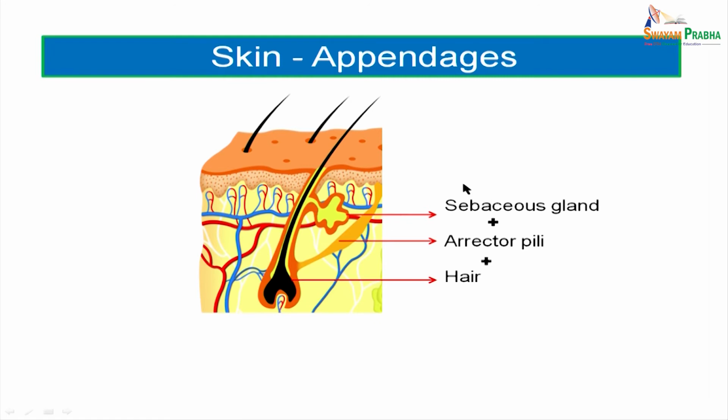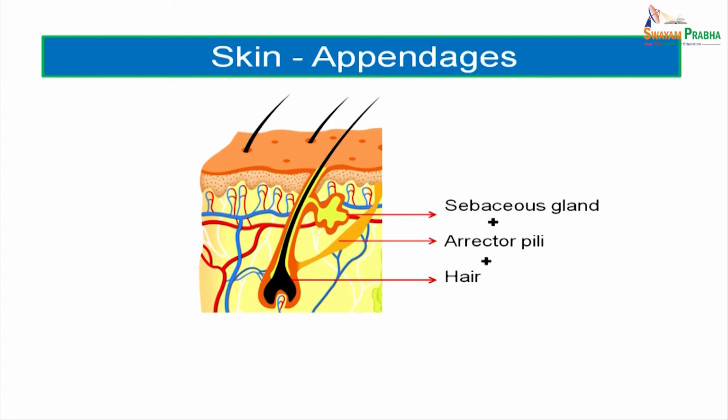Of course, we have a few sebaceous glands which open directly onto the surface, for example, around the lips, then in genital areas, in prepuce, in clitoris, etc. So, here they directly open onto the skin, but elsewhere they are always associated with a hair follicle, hence they form a part of the pilosebaceous unit.